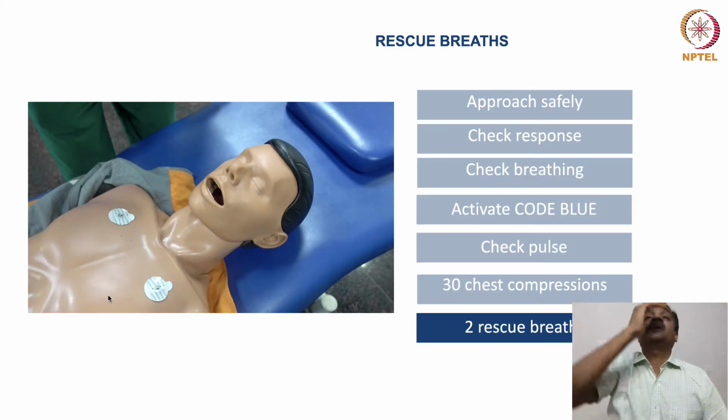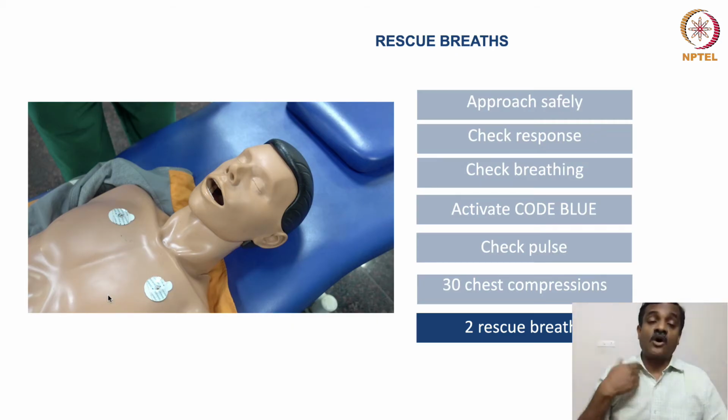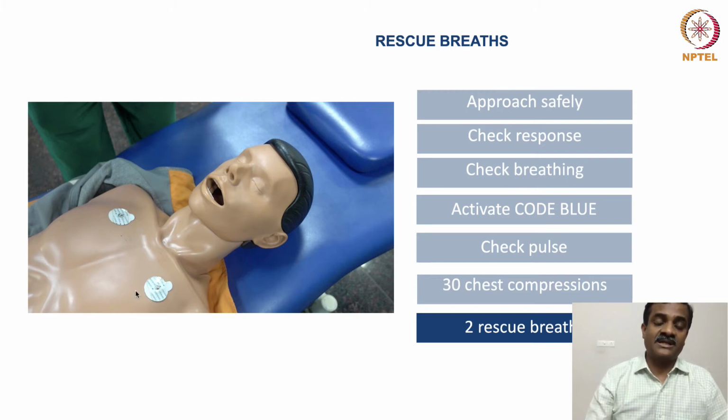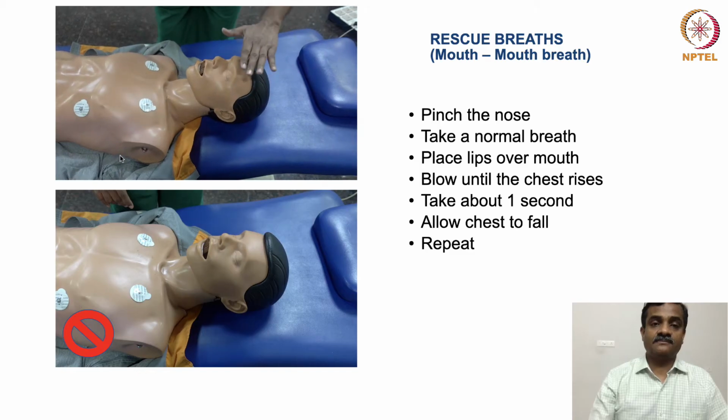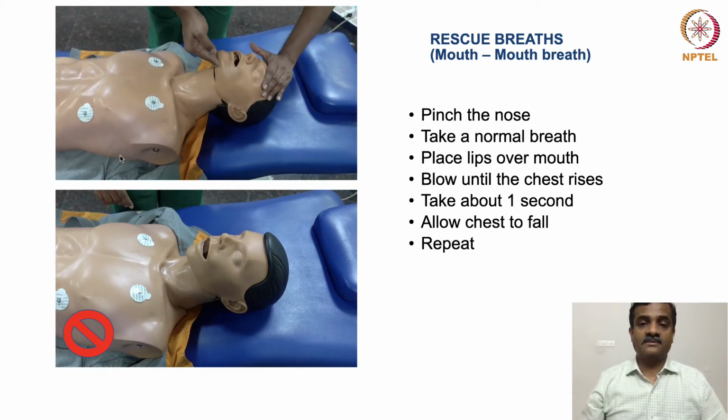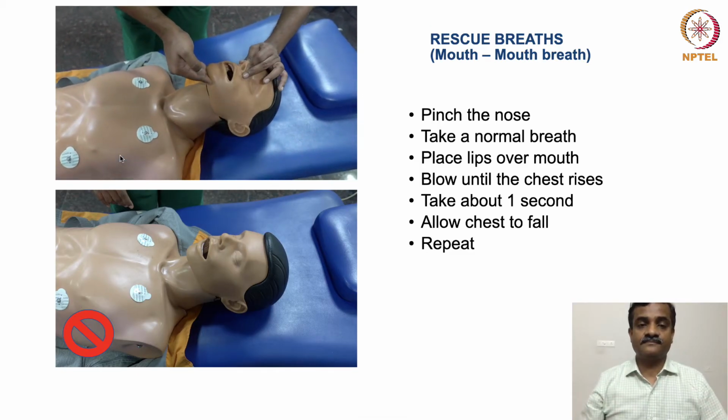As you tilt the head and lift the chin, the tongue is dragged out of the posterior pharyngeal airway and there is space. So now if you blow into the victim's mouth, the air can go into the lungs and expand the lungs. When you're blowing, the hand which is holding the forehead is actually pinching the nose.